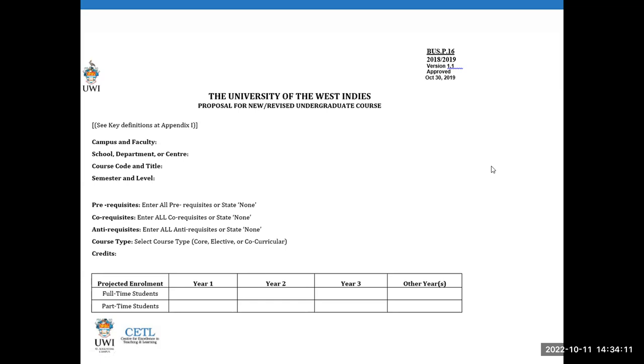But of course, there may be some instances where students could be exempted from certain courses because they took a very similar course. So it helps in that regard that you could readily identify which courses would support, let's say, an exemption.